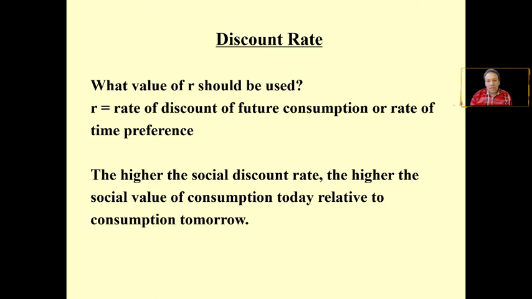That is particularly something that is going on at the moment. We have a very small discount rate at the moment, so we are trying to encourage the value of consumption today.